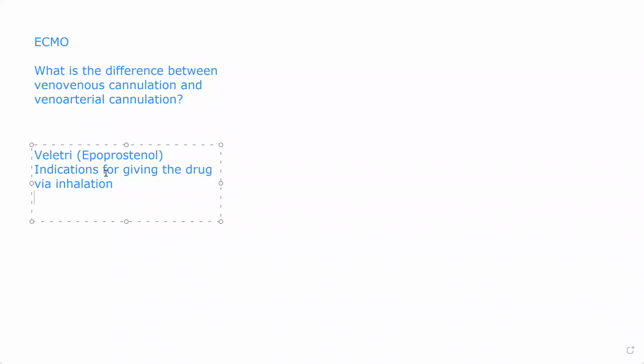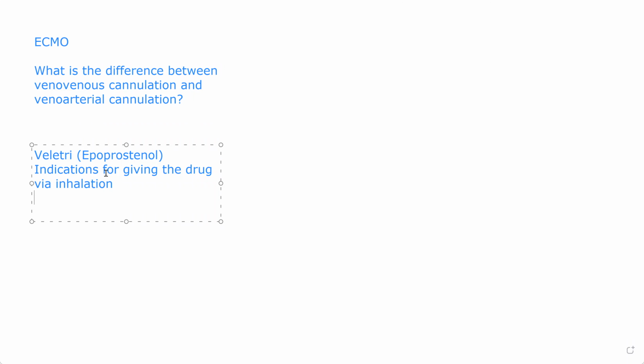And then the other indication, maybe we did talk about more than two. So I will tell you to refer to your notes for that. The other one that comes to my mind is when you have pulmonary hypertension in the adults, then giving Velletri via inhalation, it will get absorbed through the alveoli that are functional, and it'll dilate the blood vessels around the alveoli that are working.